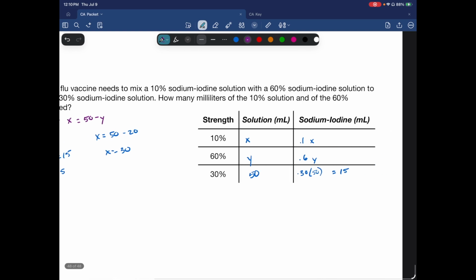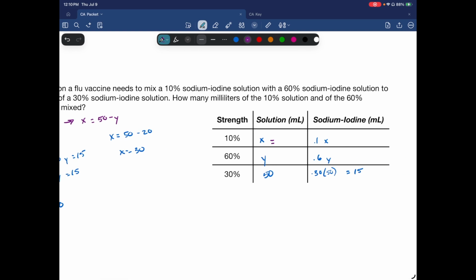All right, so in short, I'm going to need 30 milliliters of the 10%, and I'm going to need 20 milliliters of the 60%, and that's going to produce, if I multiply these together, 3 milliliters of sodium iodide solution, and that will give me 12 of that. Okay, so how many milliliters of the 10% and the 60%? 3 and 12. That's what I got.